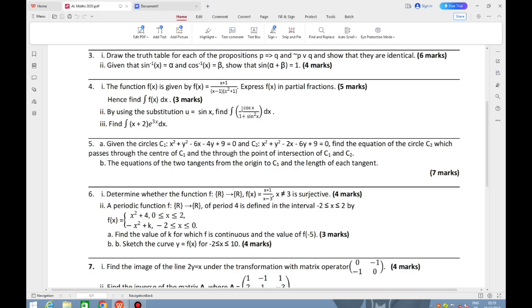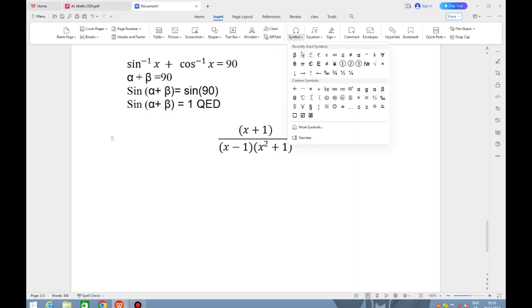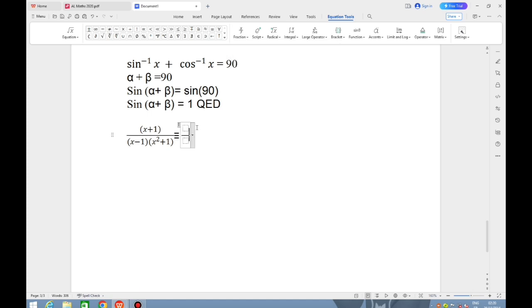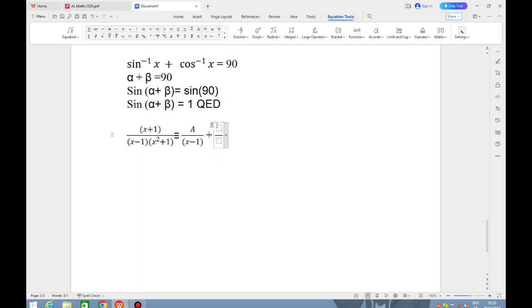And this is logically equal to, when we partial fraction, since what's in the first bracket is a linear expression, that's going to give us A all over x minus 1, plus, what's in the second bracket is a quadratic expression, so that is going to give us Bx plus C all over x squared plus 1.